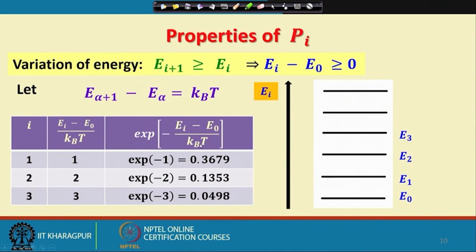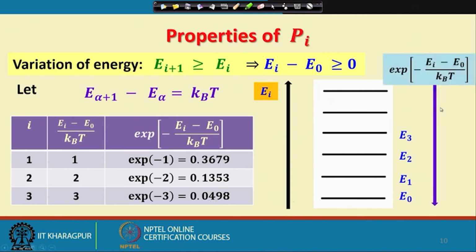And if it is a number less than 1, as I go from i equal to 1 to i equal to 3, I find that this exponential factor goes from about 0.4 to about 0.05. So, this number decreases. Now, this is what has been shown pictorially over here.